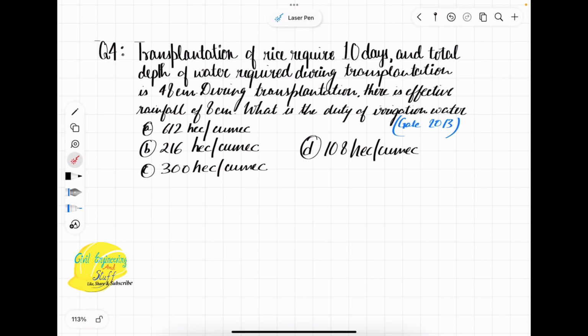So the total depth of water required during transplantation was 48 centimeters. This was the total water requirement of the rice crop. Then during this time, 8 centimeter of effective rainfall happens. So out of 48 centimeter, 8 centimeter was fulfilled through natural rainwater that we call effective rainfall.